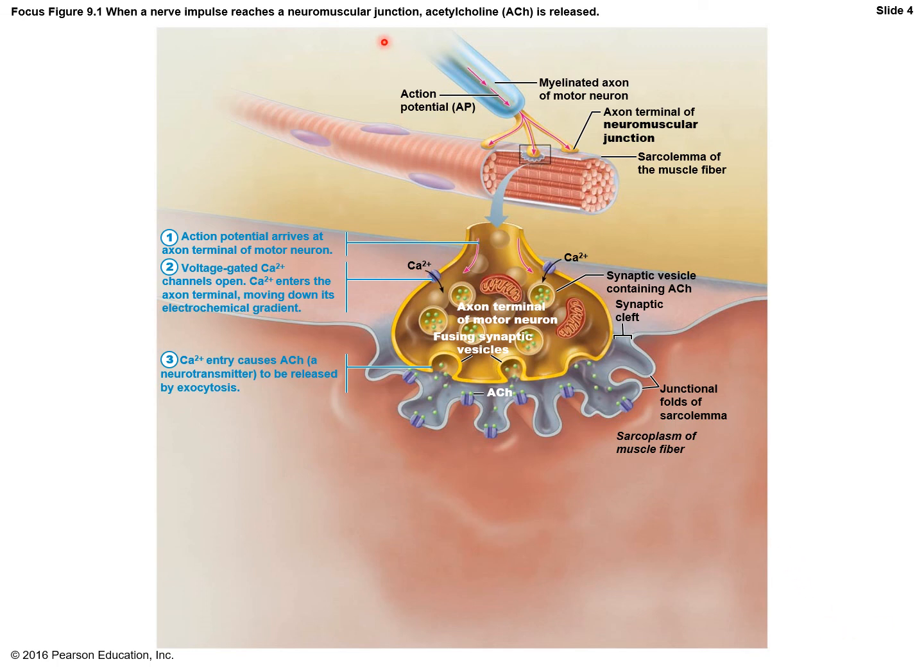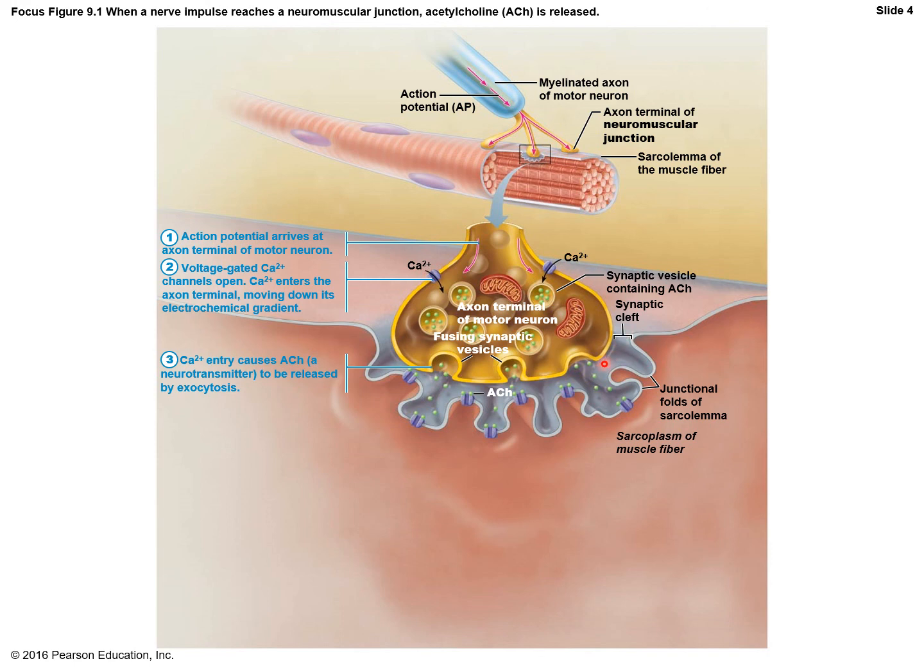So you have up here, here's your neuron, and you have an action potential coming down. And the very end of the neuron is referred to as the axon terminal. So this is the axon terminal. You're looking right here at this one enlarged. This is your muscle down here.